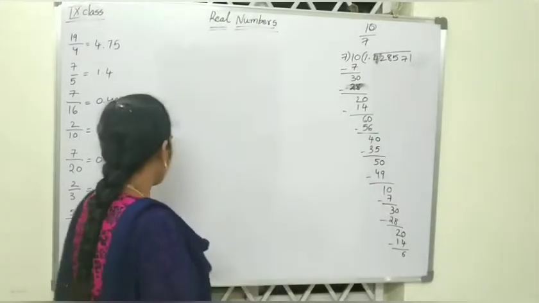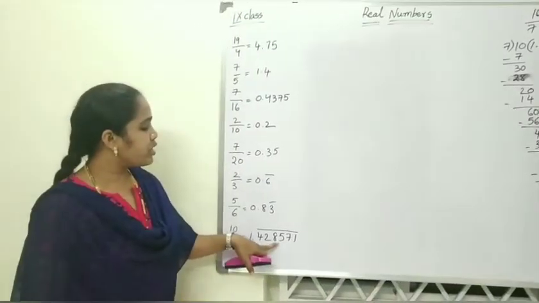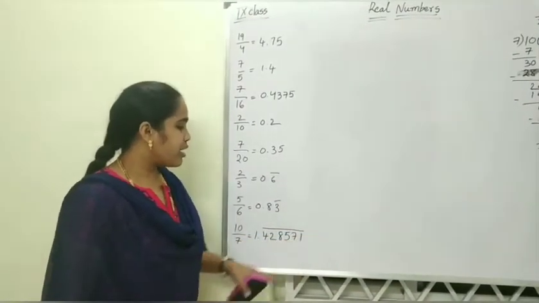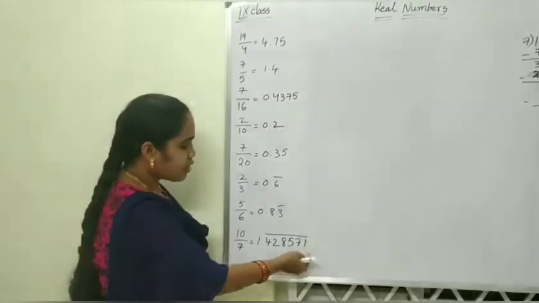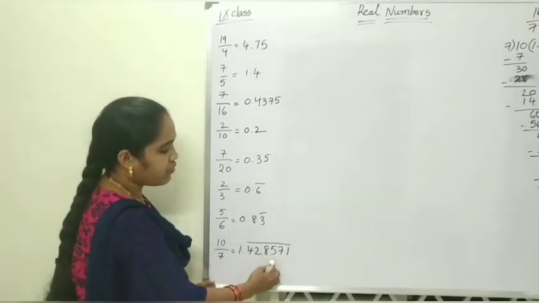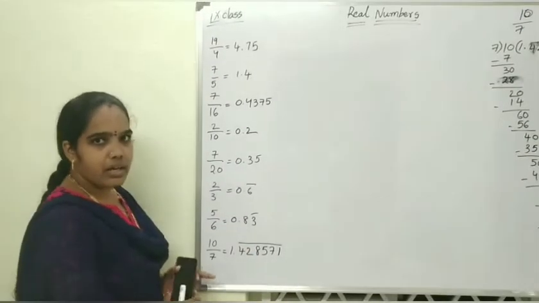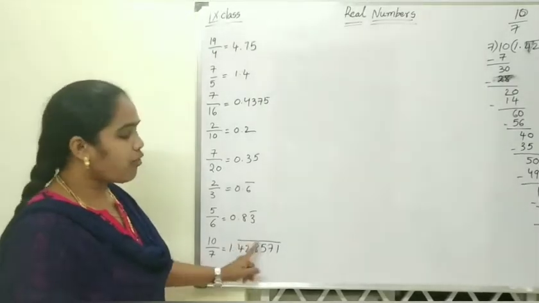Understood? So the value of 10 by 7 is 1.428571 bar. This bar means after 1 which number will you get? 4, after 4 comes 2, then 8, 5, 7, 1. After 1 again 4. That is the meaning of this bar.